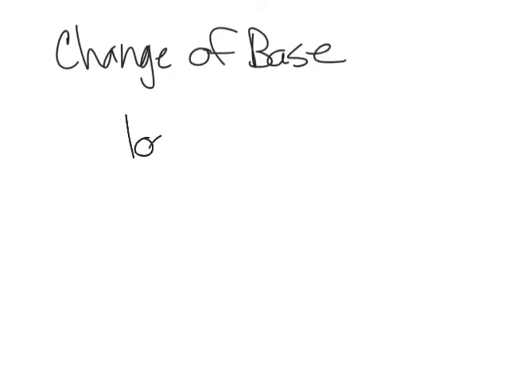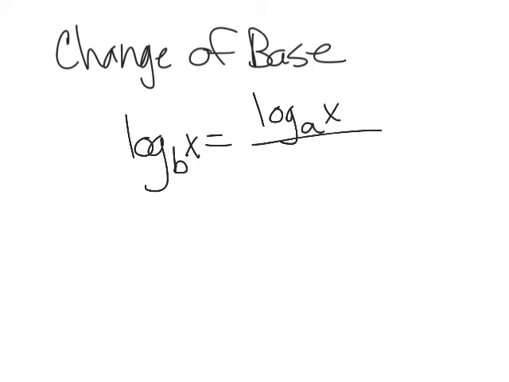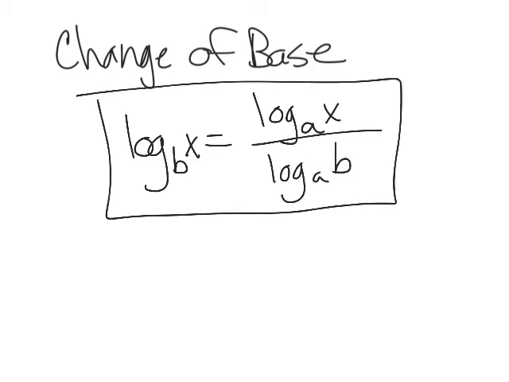The log of any base can be rewritten into log to the base a of the argument over log to the base a of the other base. This lets us use natural log or common log or whatever is in your calculator as a change of base.